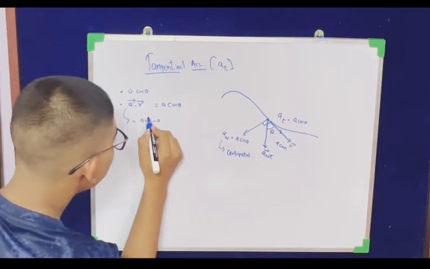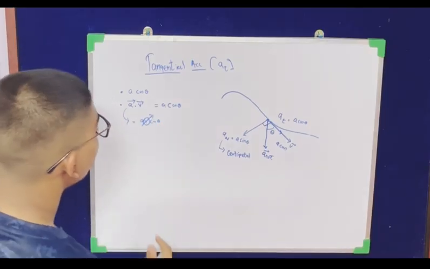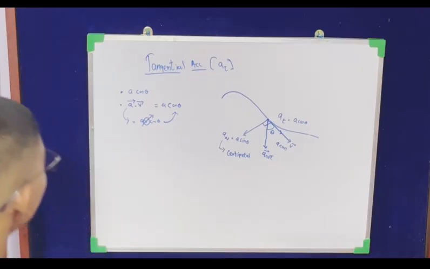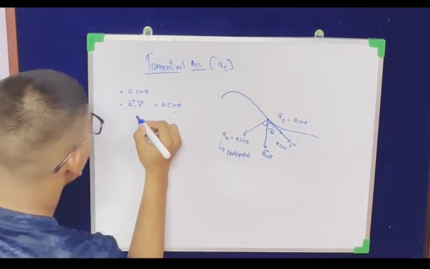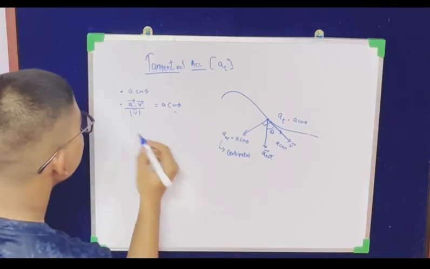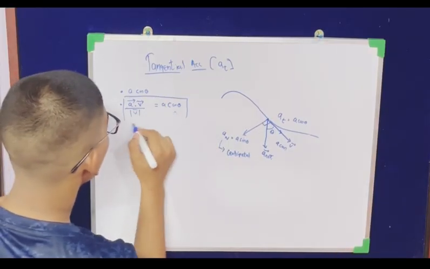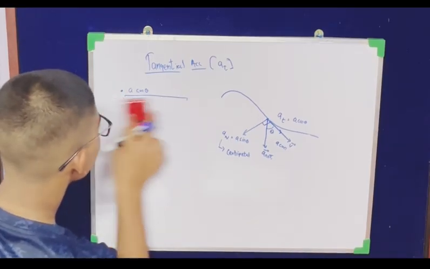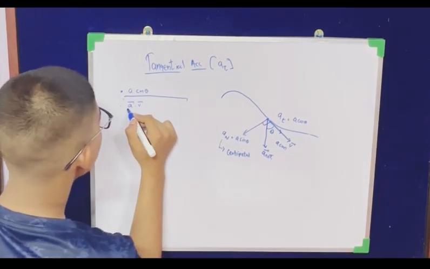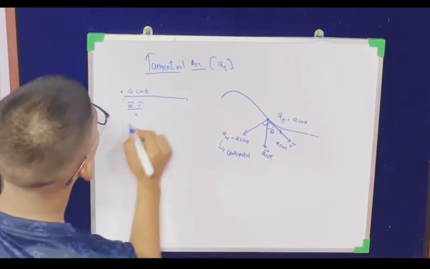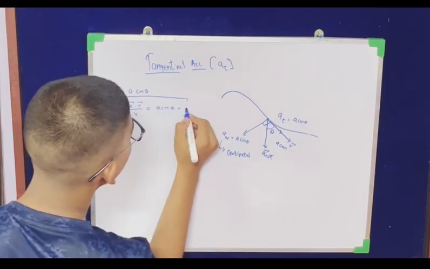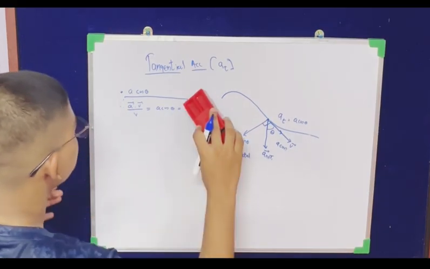So we need to eliminate this V, so we divide by the magnitude of V. The dot product of net acceleration and velocity divided by the magnitude of velocity gives us a cos theta, which is equal to tangential acceleration.